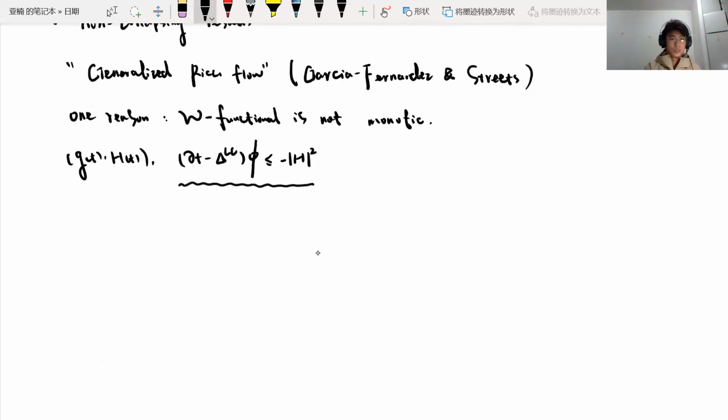Next, we would like to give an example. Here we consider the heat equation, and we will call it the heat equation.